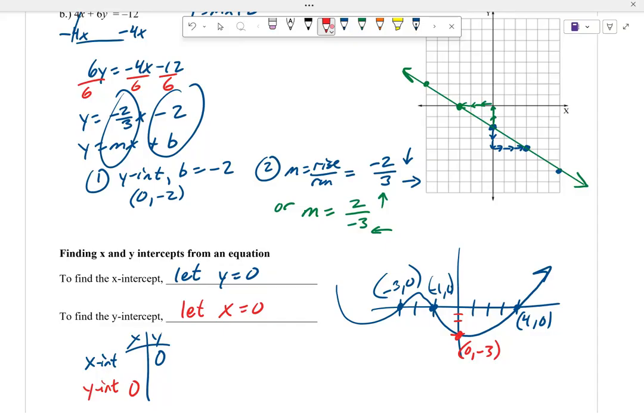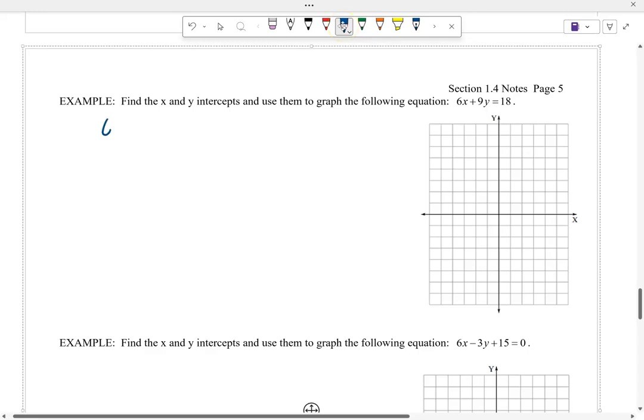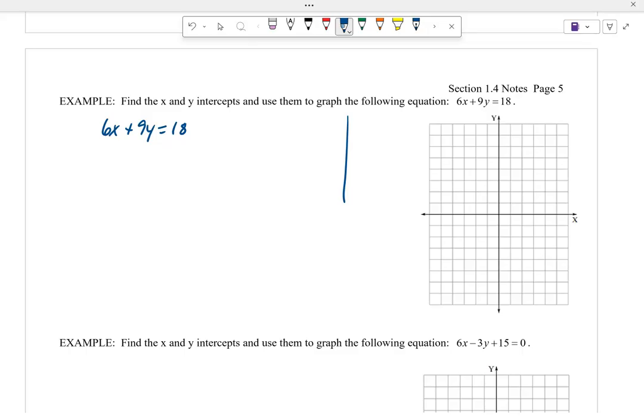So let's go ahead and do that. For this one, it's given in general form, 6x plus 9y equals 18. We'll find the x and y intercepts and use them to graph the equation, because you really only need 2 points anyways to draw the line. So to find the x-intercept, let y be 0. To find the y-intercept, let x be 0.